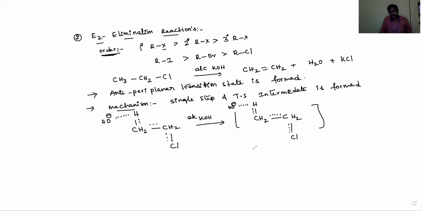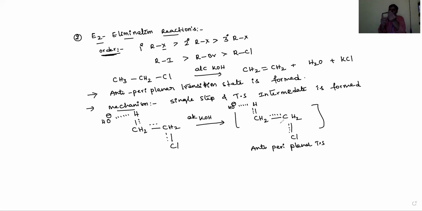This is an anti-periplanar transition state intermediate, and both the leaving groups should be 180 degrees opposite, in opposite directions.